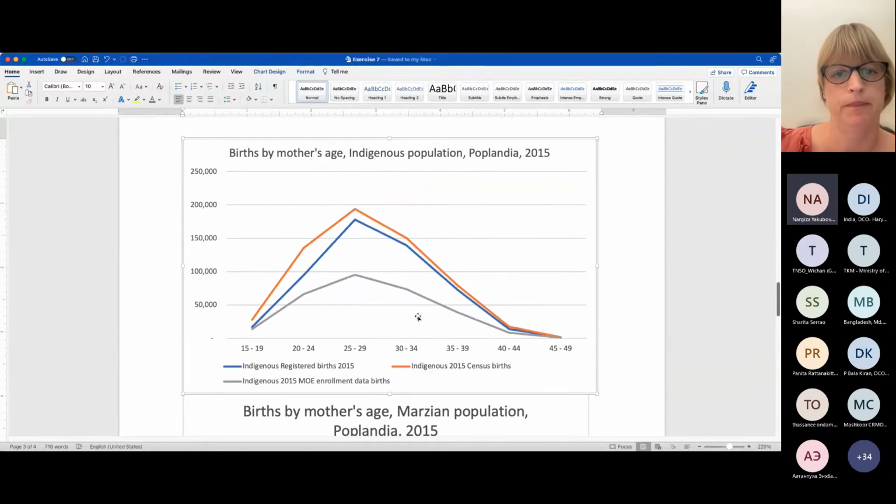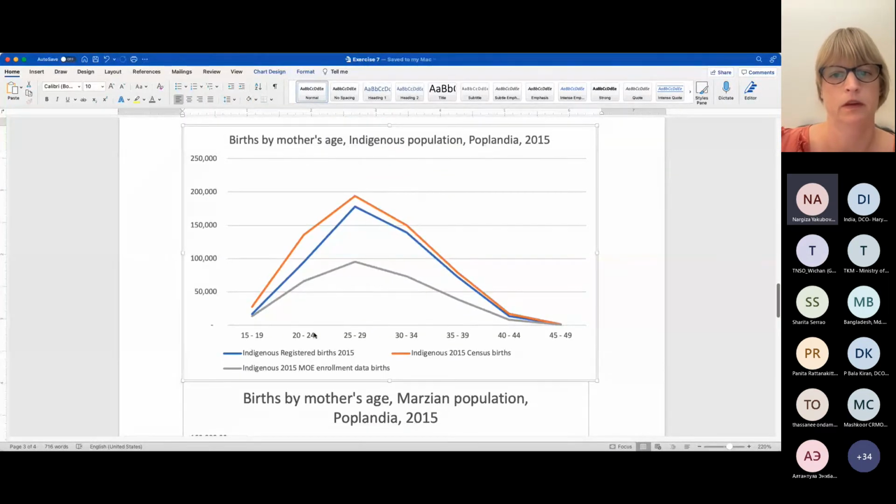So what we're looking at here is the Indigenous population. The blue right here is the civil registry, the registered births. The orange is estimated births from the census. And the gray line is based on school enrollment data.